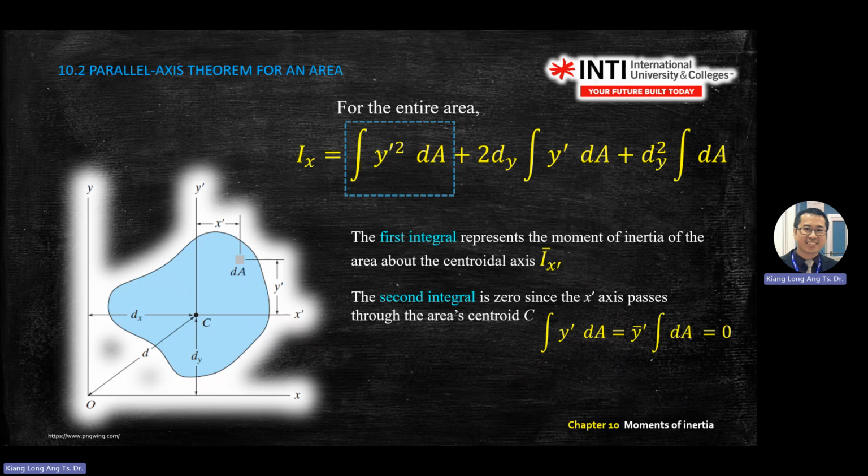The mathematics is 0 because this axis x prime passes through the centroid.